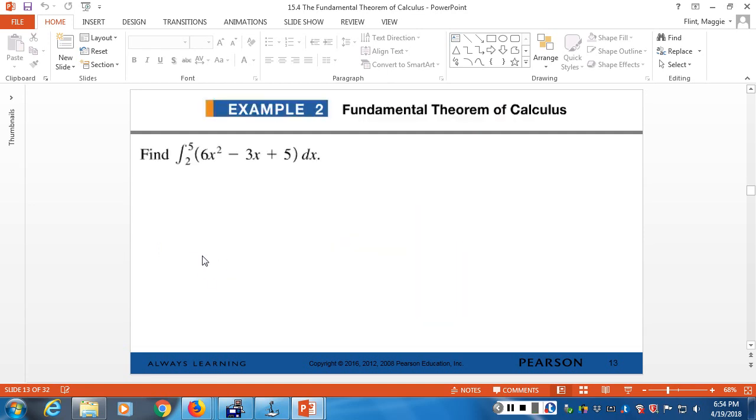So here's our next example. And your job, like it was a minute ago, is to find for me the integral.